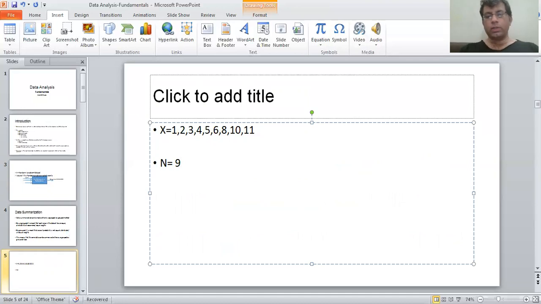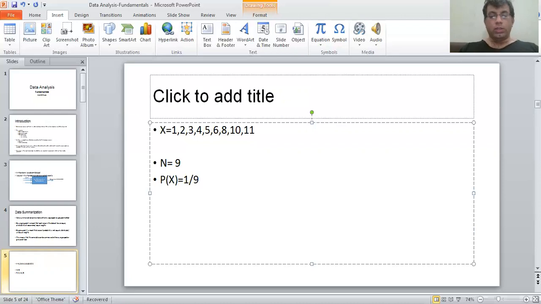So there are 9 values in it. If I ask you what is the probability of each event or each value in X to appear on the output, then I think it is a simple answer that the probability of each value of X is equal to 1 upon 9.